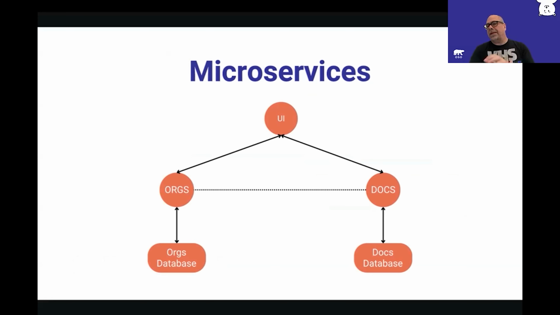And then we also have a documents service, which has its own database as well that manages documents and how they're related to the users that created those documents, as well as the organizations for which those users are part of. So you can already see we have a dotted line between the organizations and the documents, and this is where microservices typically become pretty tricky.